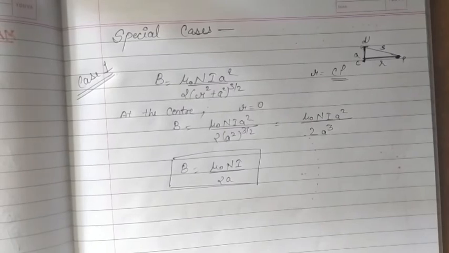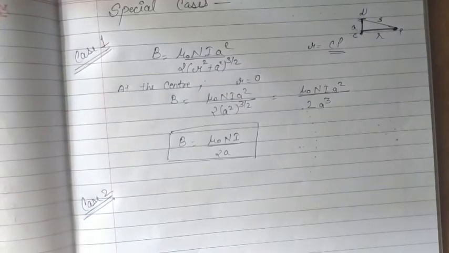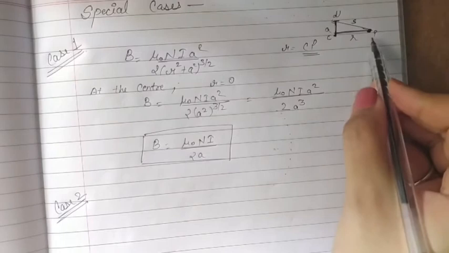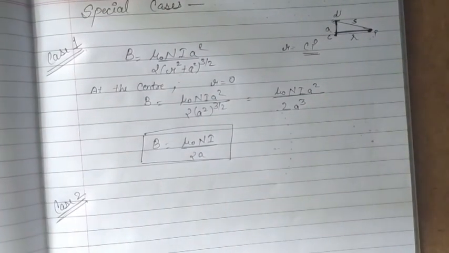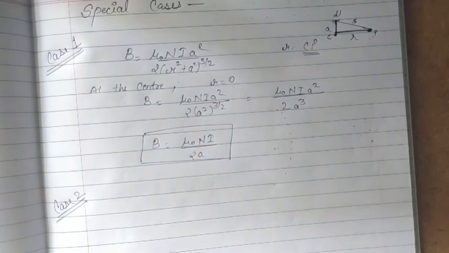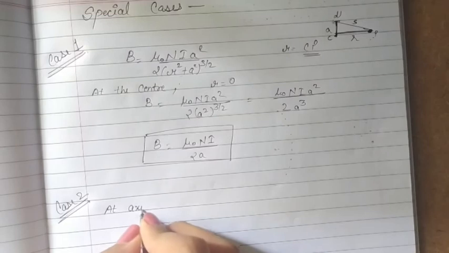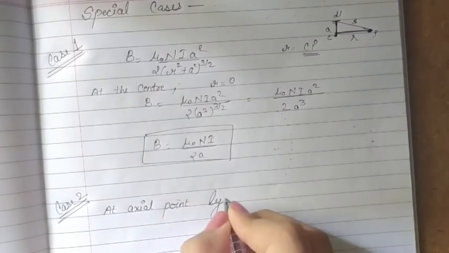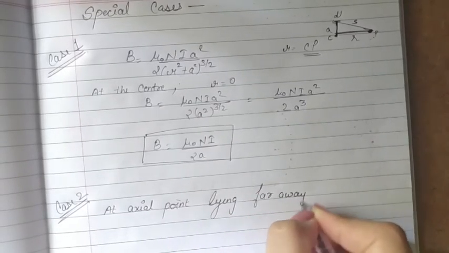The second case is at the axial point lying far away from the coil. Means we are going to find the magnetic field at point P, but this point P is lying very far from the coil. So case 2 is at axial point lying far away from the coil.